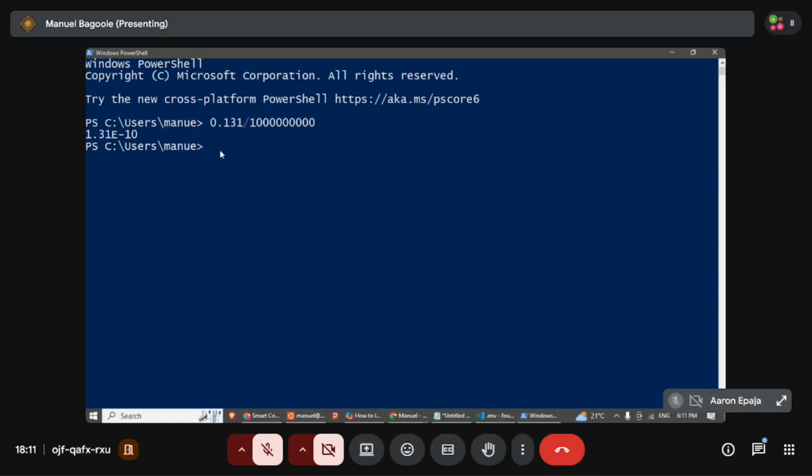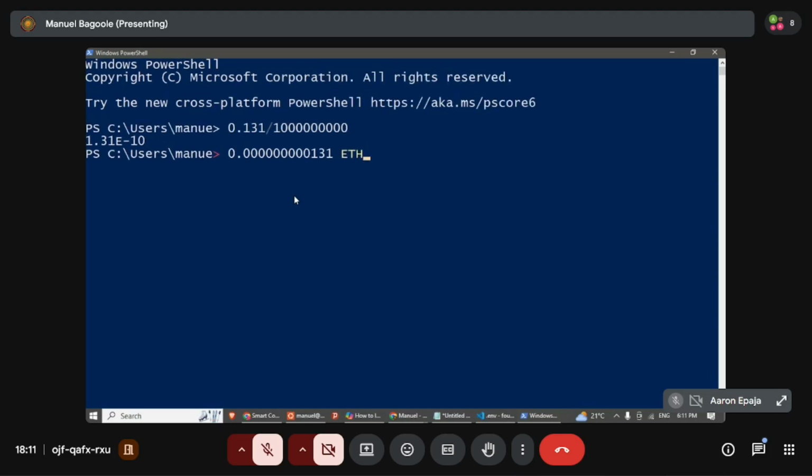So am I correct? So this would be the value in terms of Ether. Because when you see a negative 10, then that means that the value is much, much smaller than it appears here. So this would be the value in here.